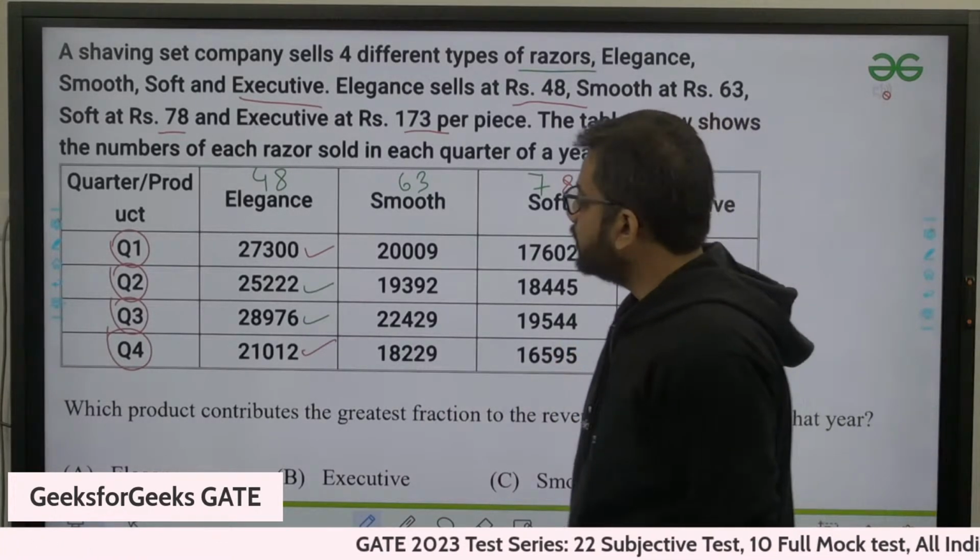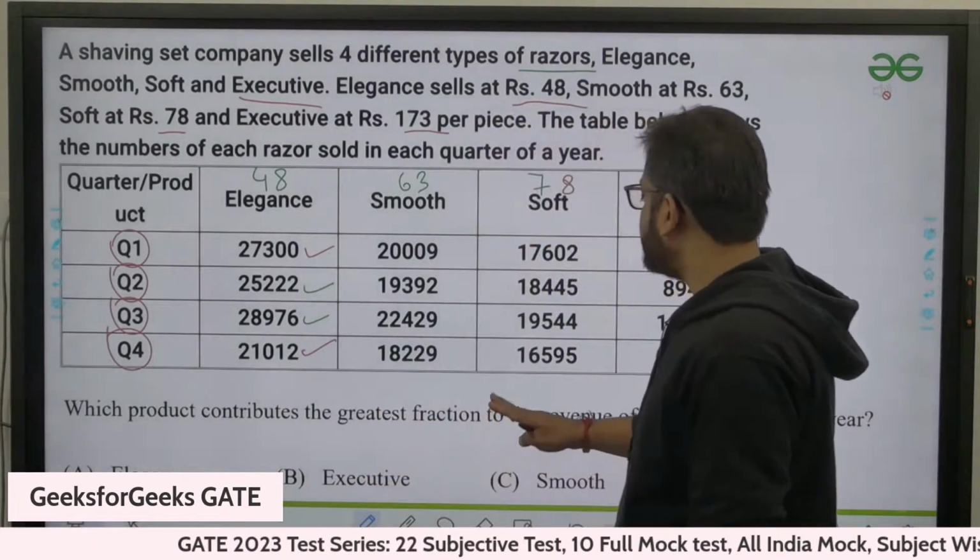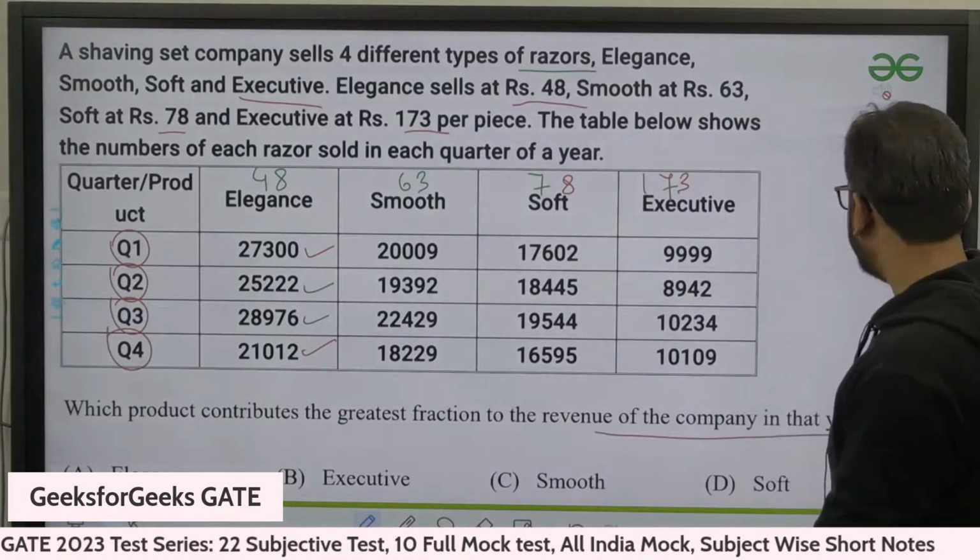Which product contributes the greatest fraction of revenue in the company in that year?